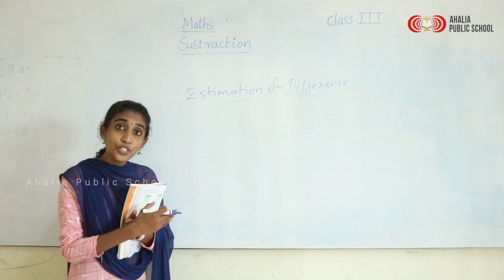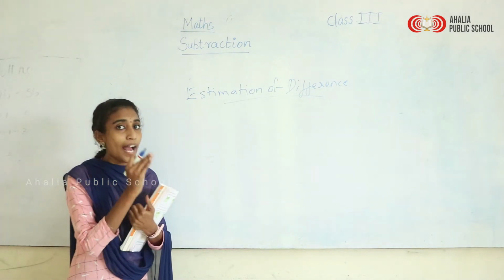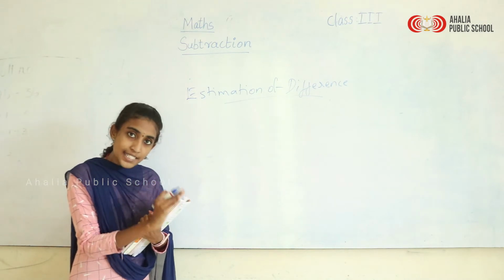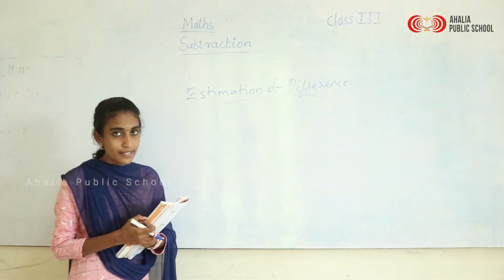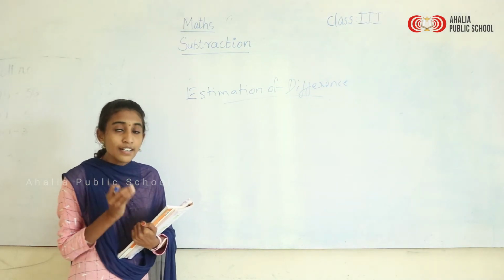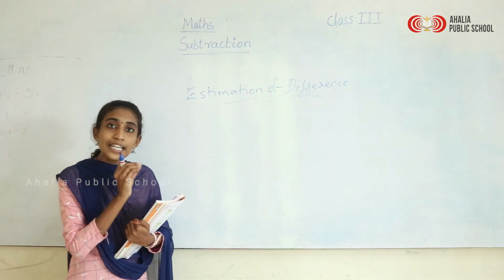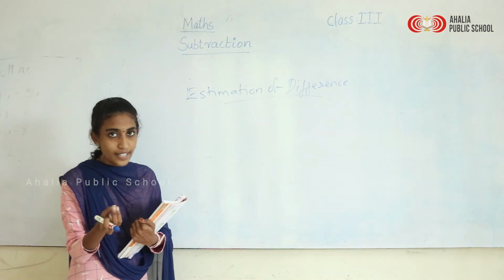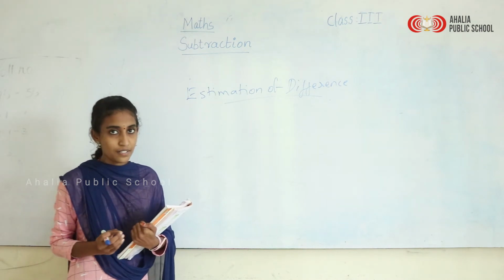Right? In the case of addition, what did we do? Yes, we rounded off the two addends to the nearest tens or nearest hundreds, and then we added those addends. In the same way, here we will round off both of the numbers to the nearest tens or nearest hundreds, and then we will subtract them to get the difference.